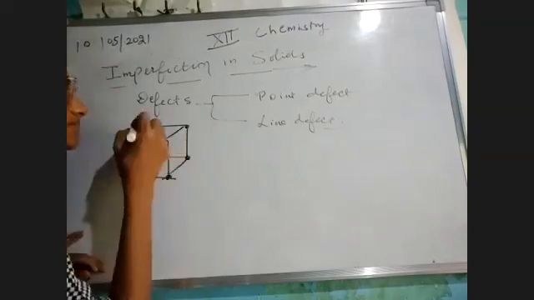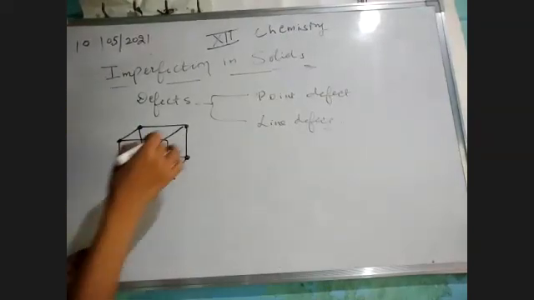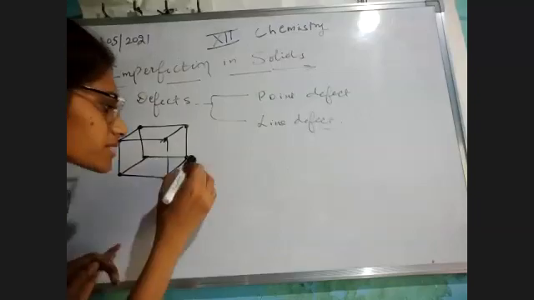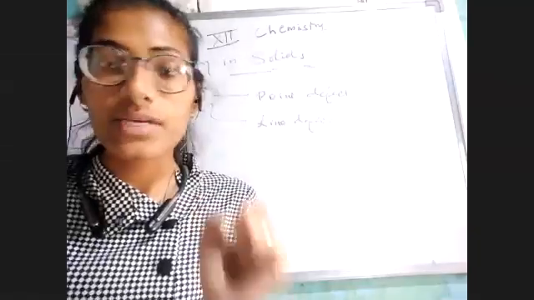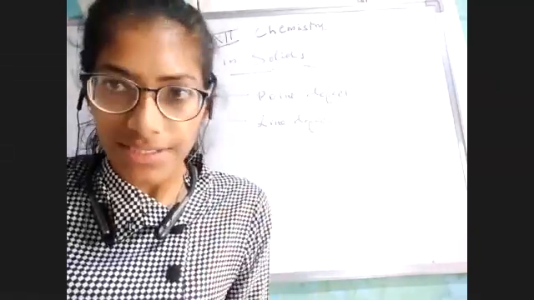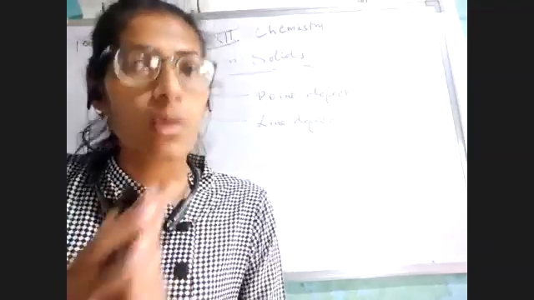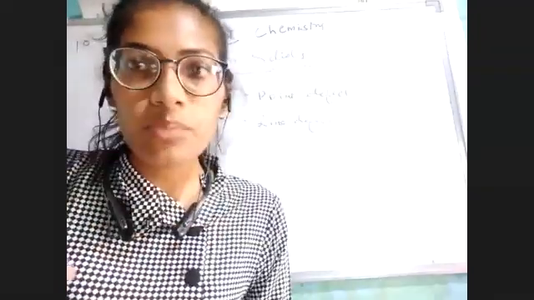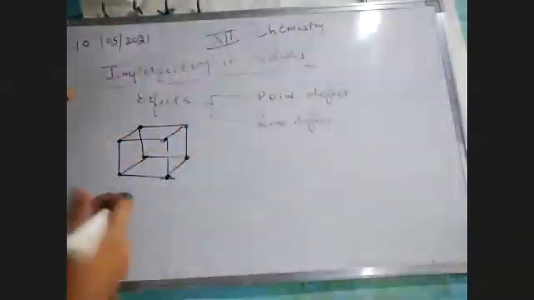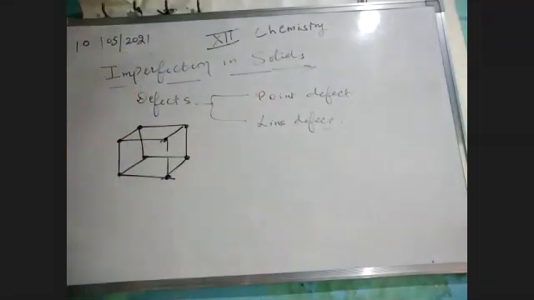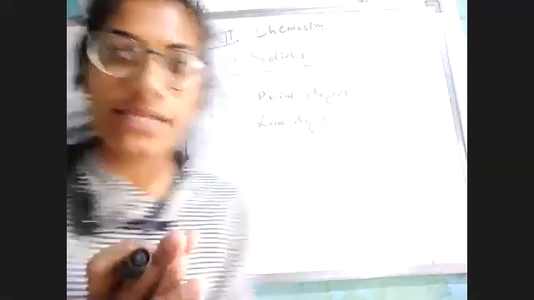You know that very well. यही तो हमने स्टडी किया था कि हमारे जो यूनिट सेल्स होते हैं, they have some points in them, and these points are known as crystal points, lattice points, and these points are actually an atom, molecule, or ion. These are not only the point, these are basically the constituents, atoms, ions, or particles, which are also known as points.